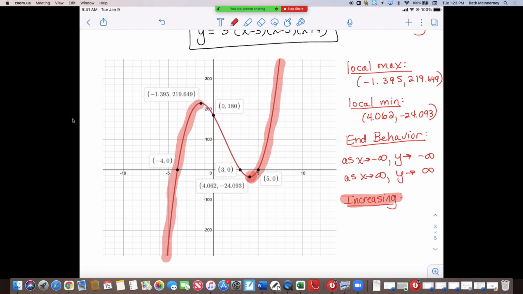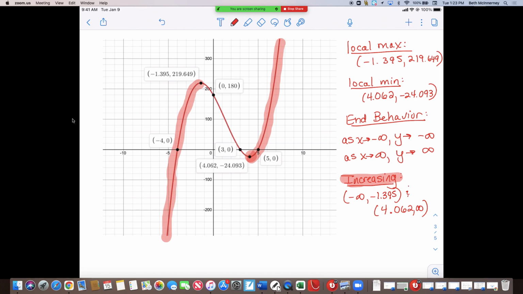So kind of stay with me, and again, I expect you to be a little confused, and that's okay, because you're really learning some good Algebra 2 today. So that's from negative infinity to negative 1.395, and then it happens again from 4.062, to infinity. So I'm using left-right descriptions.